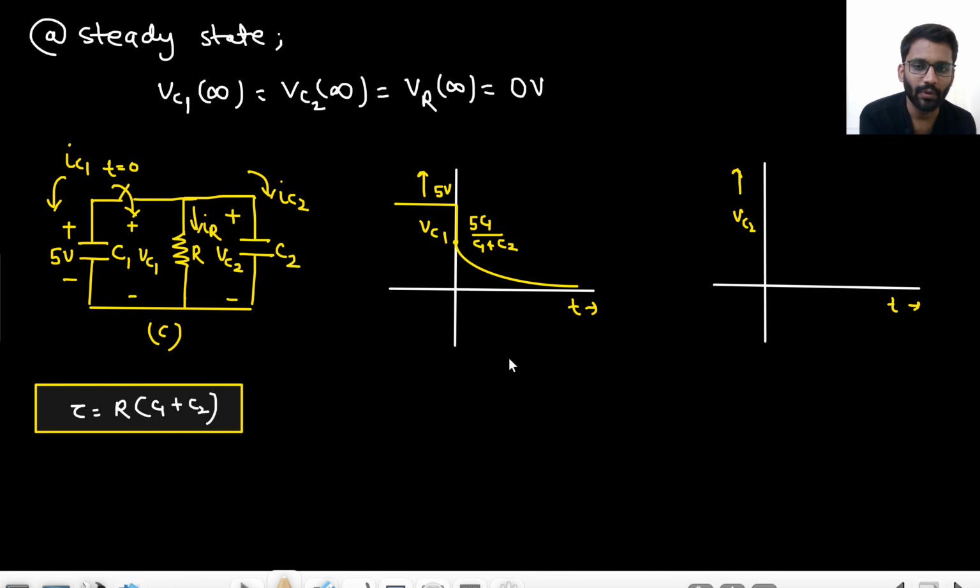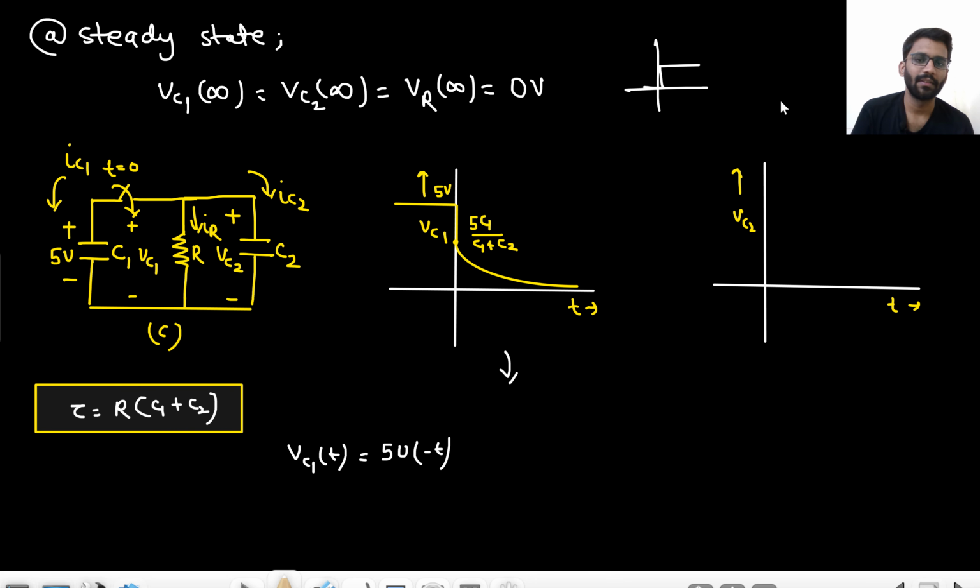So what do you think? What should be the equation of VC1(t)? I will write 5u(-t).